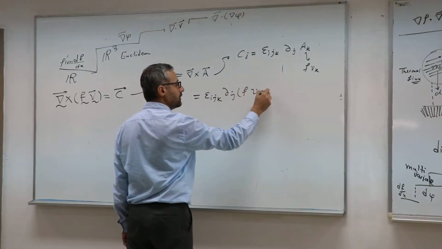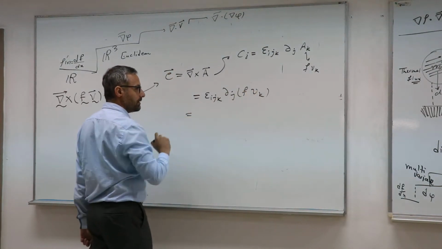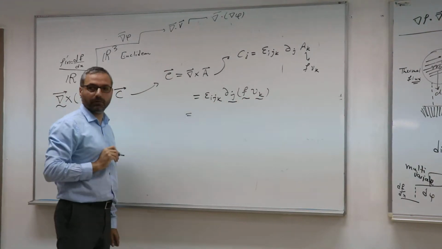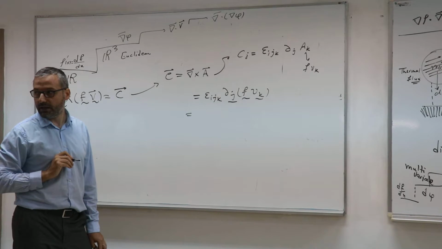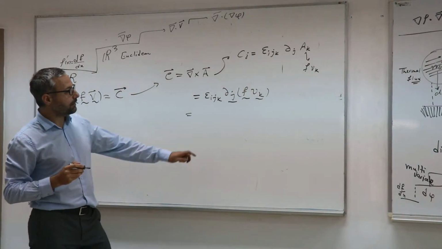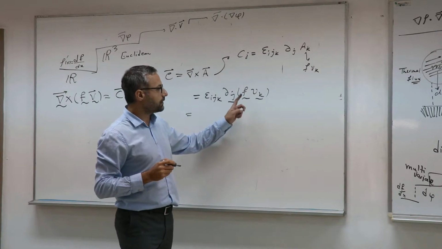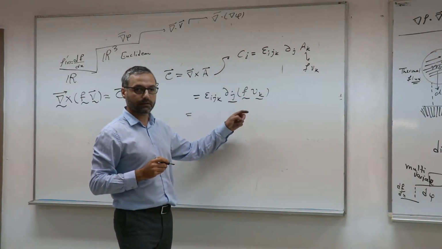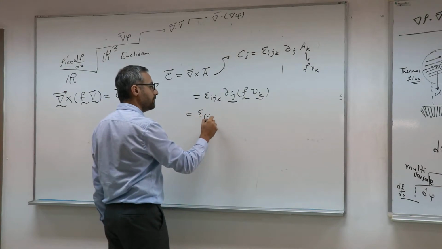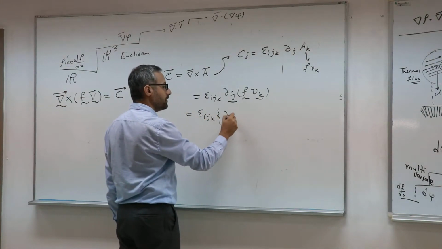So just follow what I'm writing. I wanted to show you something interesting. Now we are going to take the derivative of both of these objects, f and v. As usual, you know that the differential of a product of two functions is the differential of the first one multiplied by the second one, plus the second one multiplied by the first one. Epsilon ijk, partial derivative of s.